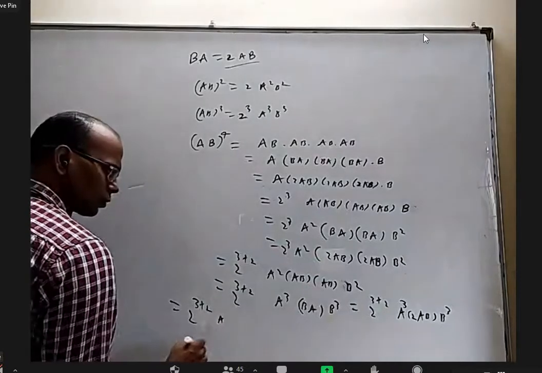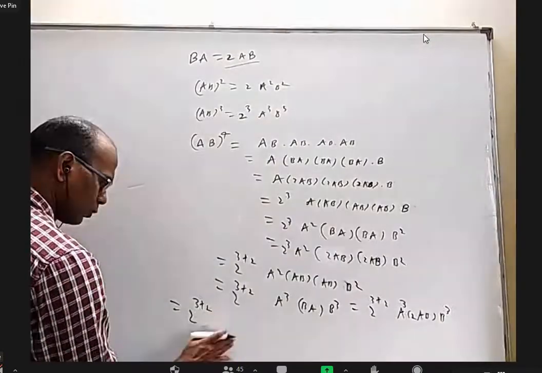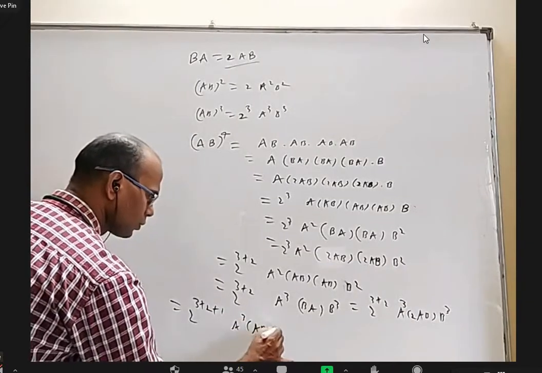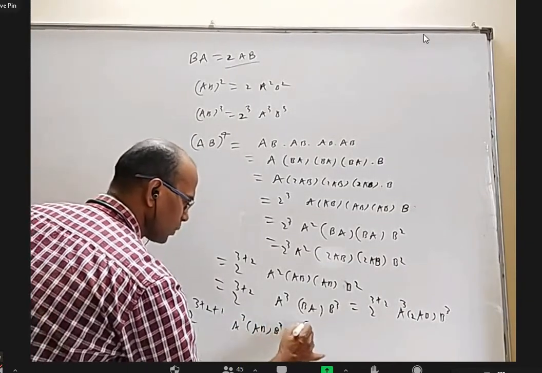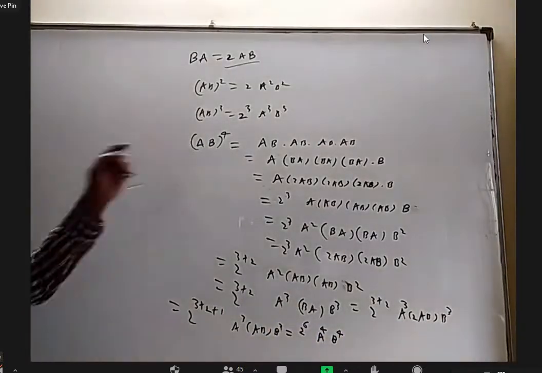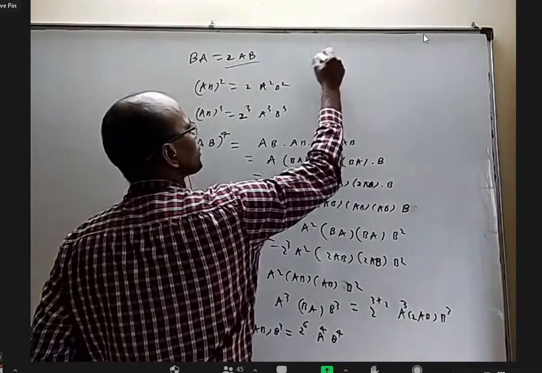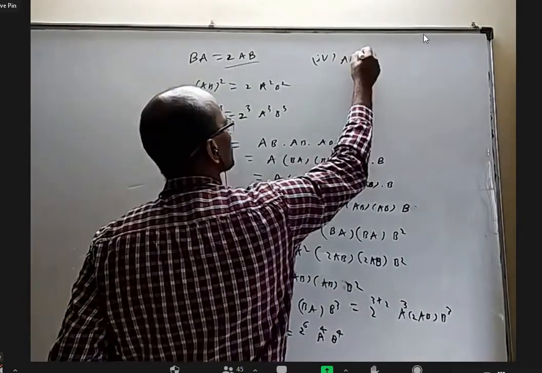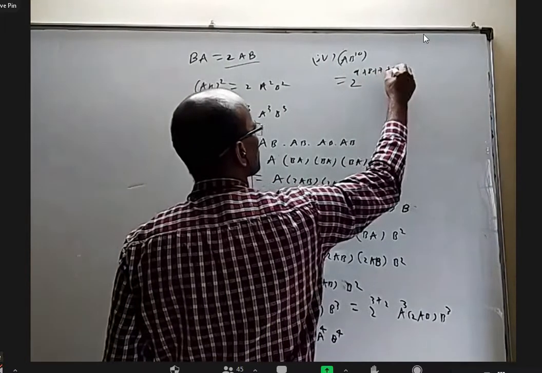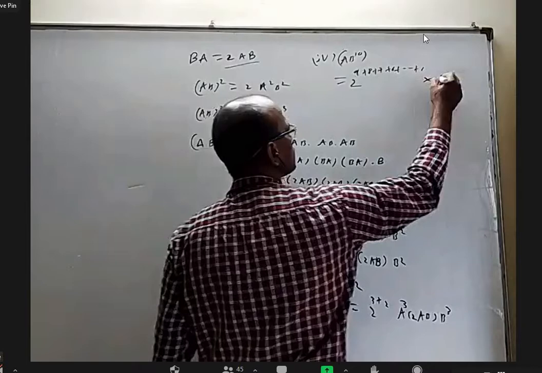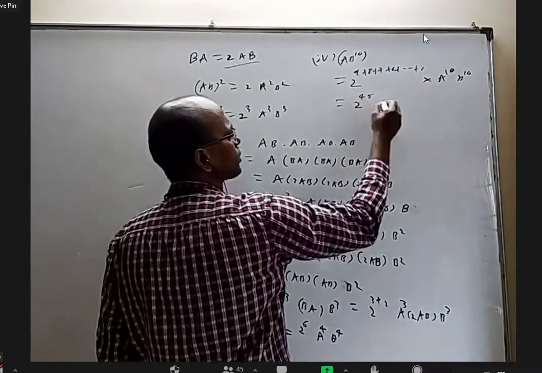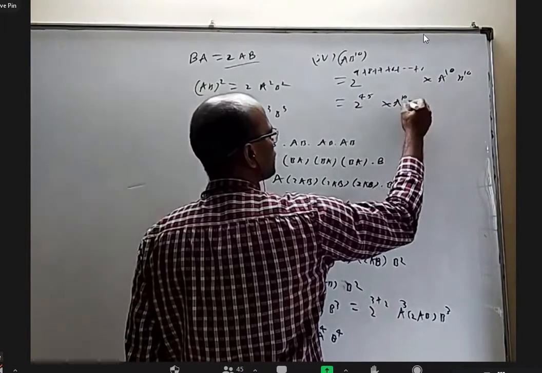Look, 2 power 3 plus 2 plus 1 into A cube into AB into B cube, which is 2 power 6, A power 4, B power 4. So for (AB) whole power 10, the fourth part of the question, I'm going to directly write 2 power 9 plus 8 plus 7 plus 6 and so on up to 1 into A power 10 into B power 10. That is 2 power 45 into A power 10 into B power 10.